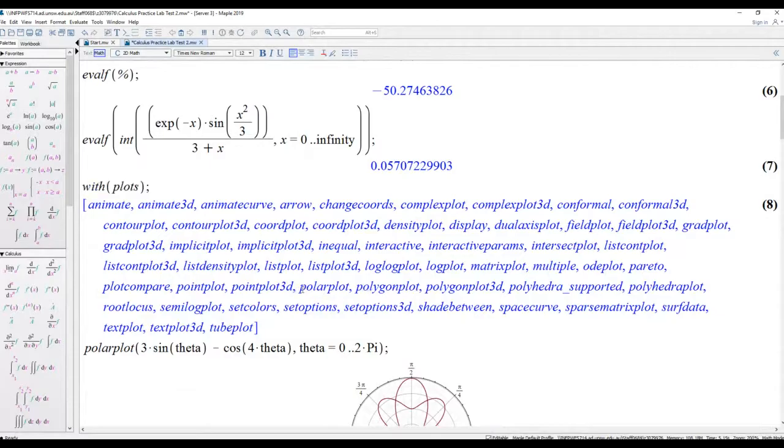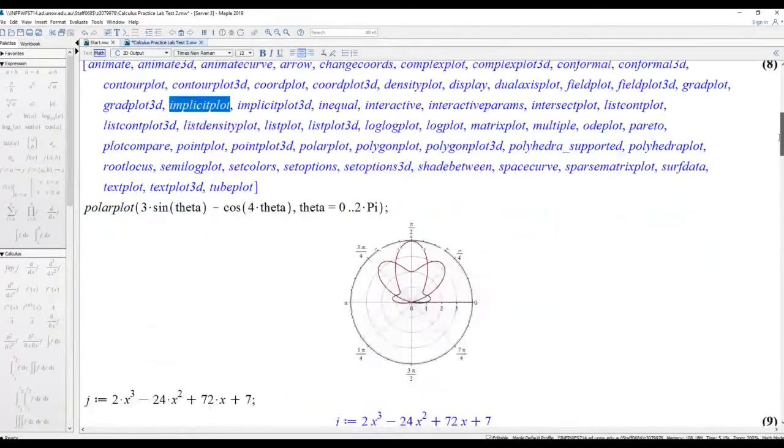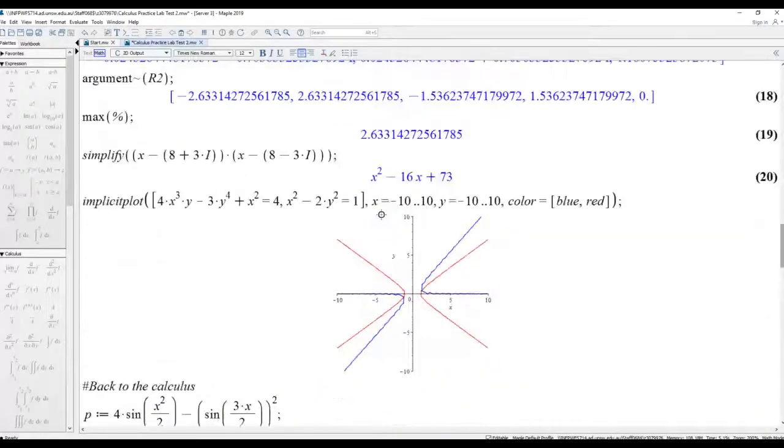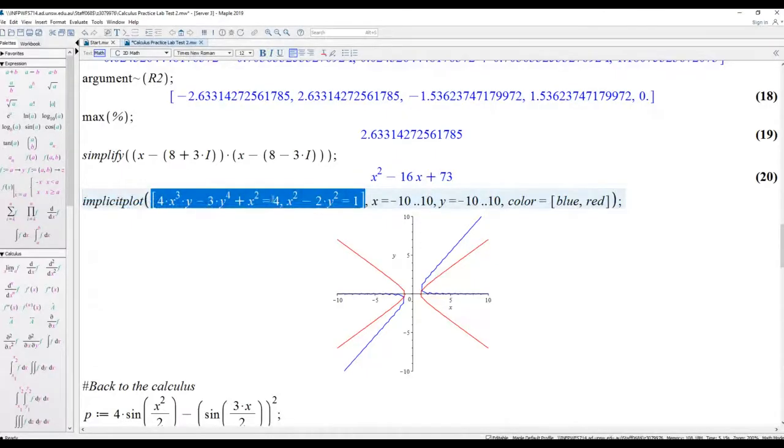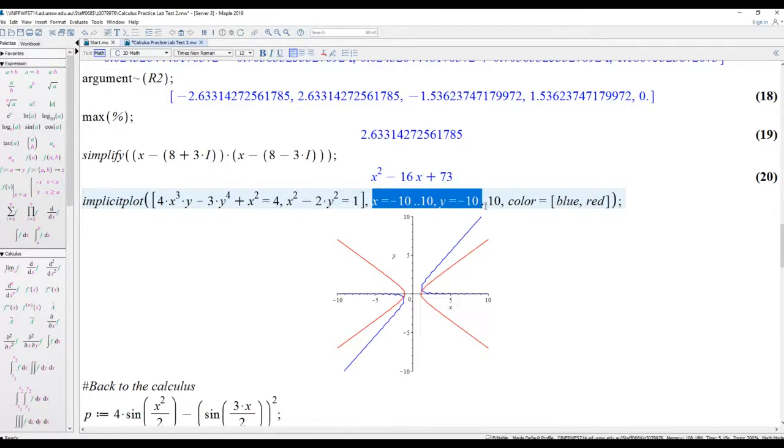And the most important thing, you can have polar plot or whatever, is the implicit plot, because these are implicitly defined equations. And so the last thing we want to do is implicit plot them. The square brackets are there because we're putting together a little list of two curves that are going to be on the same set of axes. And I've put the restrictions on the x and y in line with the restrictions in the question.